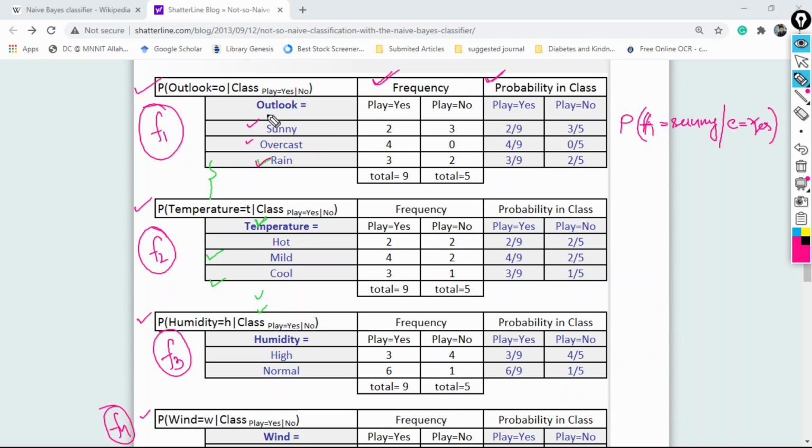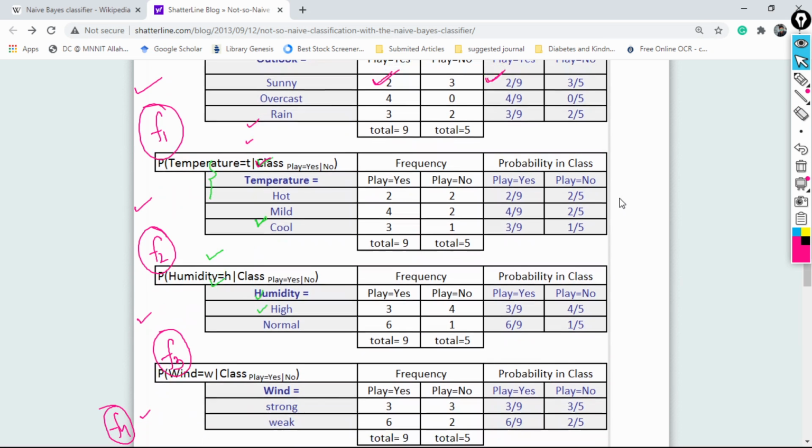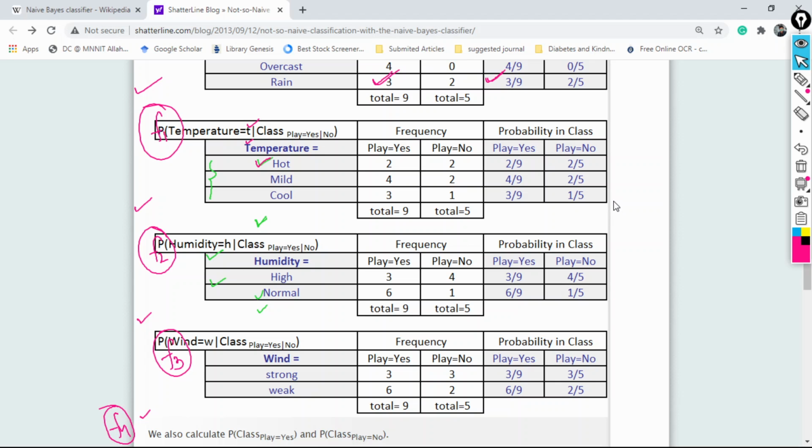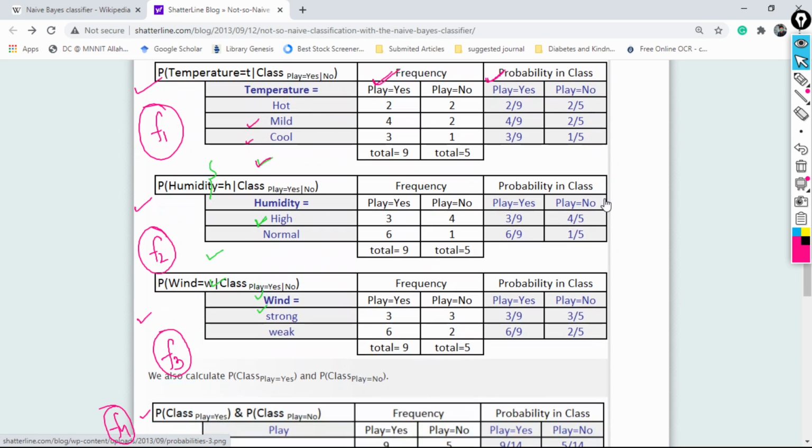I have calculated these values. I think now how this table is calculated is clear to you all. The same thing is calculated for feature 2, feature 3, and feature 4 also. It's the same process we use for calculating these 4 tables.